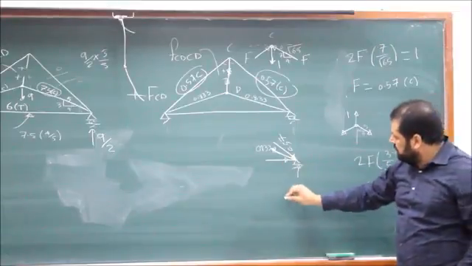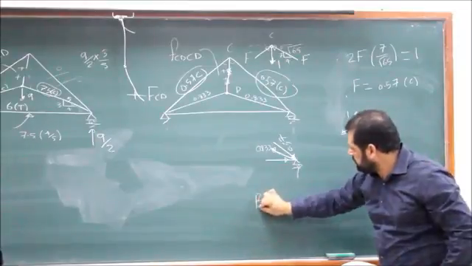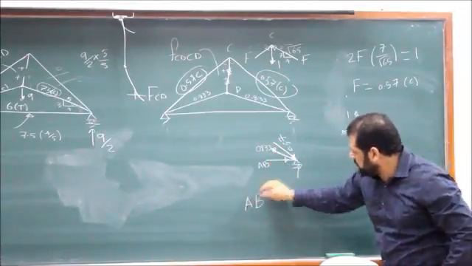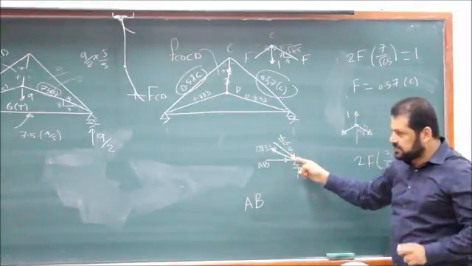So this force will be the force in member AB. This one AB, or call it F_AB. We assume it in this direction. It is equal to this minus this.